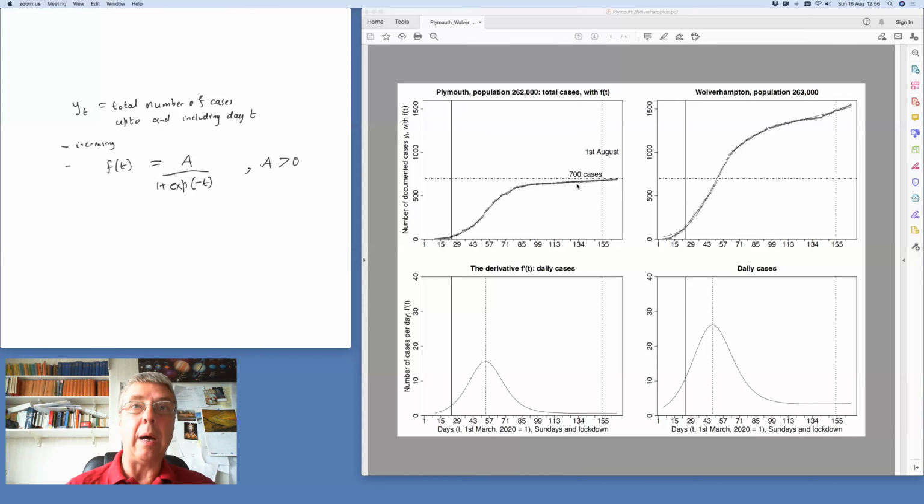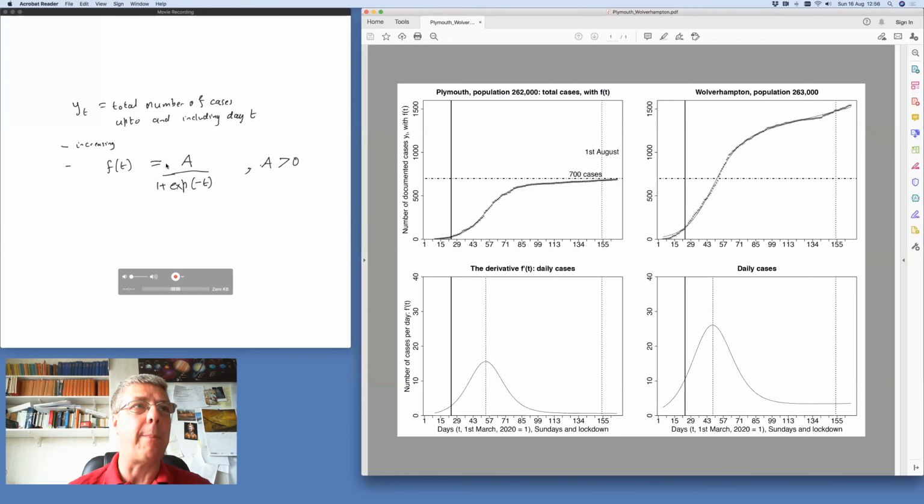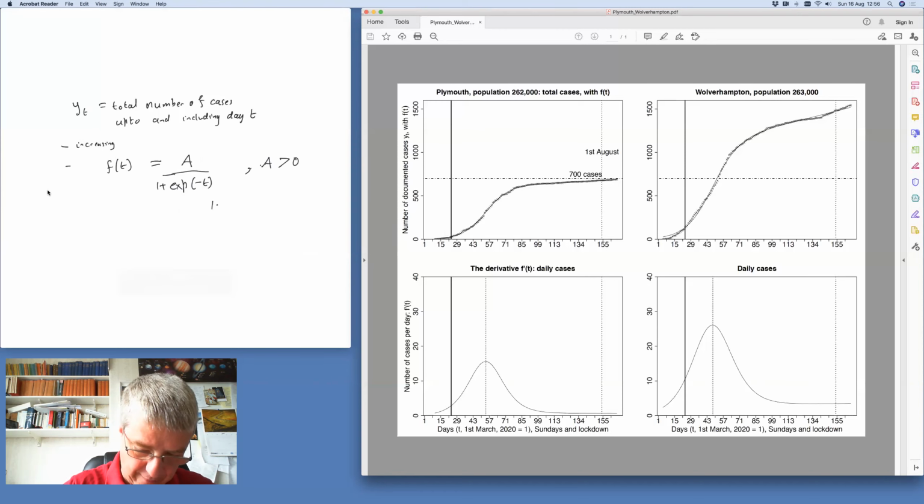So the model that I'm showing there is what mathematicians would call a generalization of this function. It's a more complicated version of the one that I've written up here. But in fact, everything that I say can be illustrated. Every feature of our model can be illustrated by looking at this function here. So this function is an example of a logistic function.